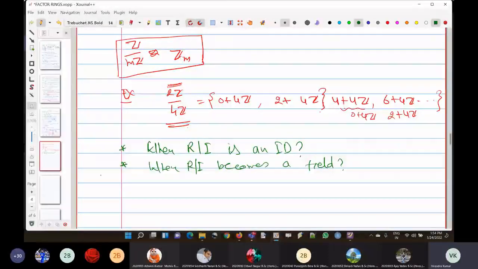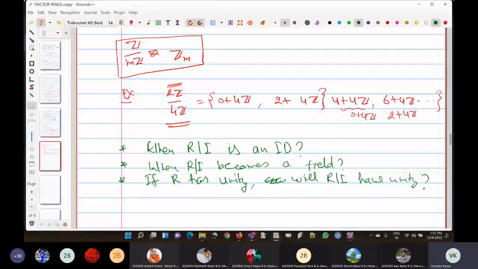More questions can be asked. If R has unity, can or will R by I, this factor ring, have unity?